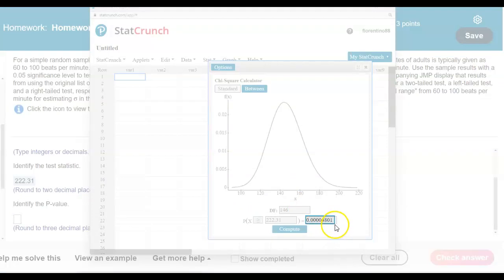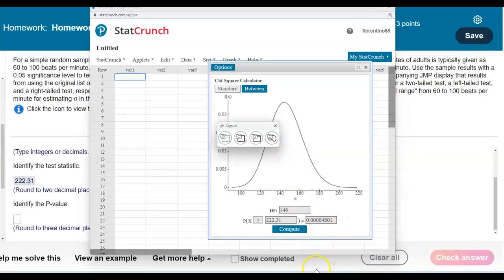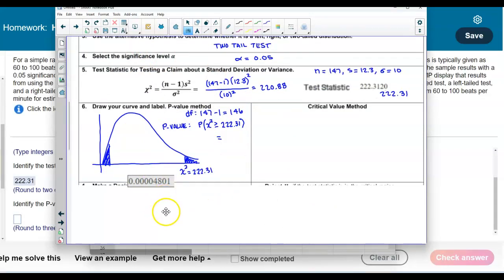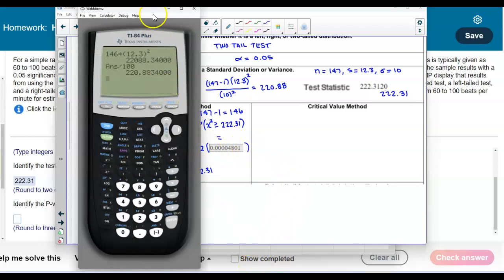So there is the p-value that we get for the one tail. Okay, so what we're going to do with that p-value is we're going to multiply that by 2. So let's multiply this number by 2 to get our p-value. So we're going to go ahead and put that in our calculator.